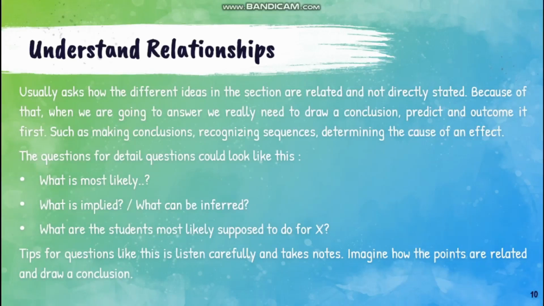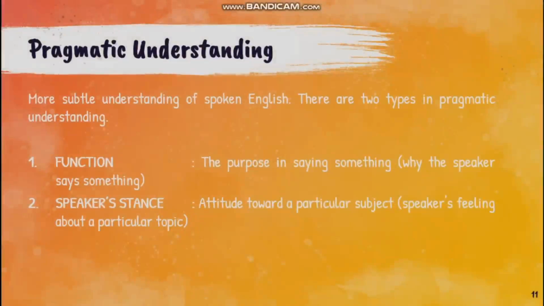The questions for this type go like this: What is most likely? What is implied, or what can be inferred? What are the students most likely supposed to do for X? Tips for a question like this: listen carefully and take some notes. Imagine how the points are related and draw a conclusion.